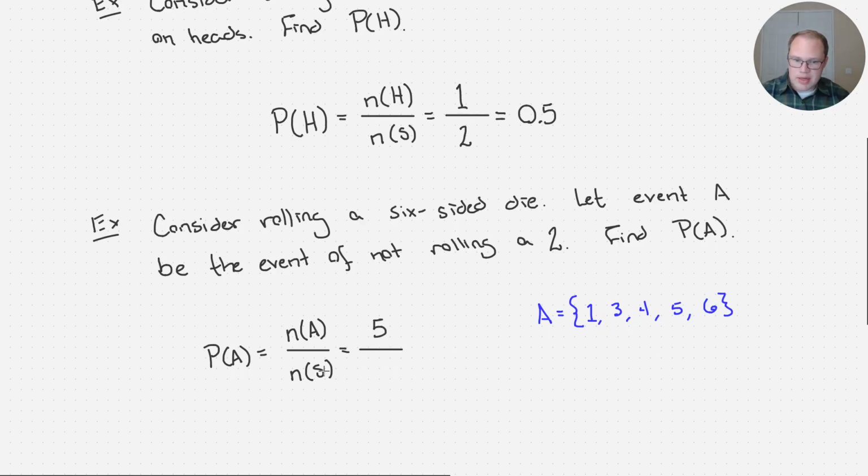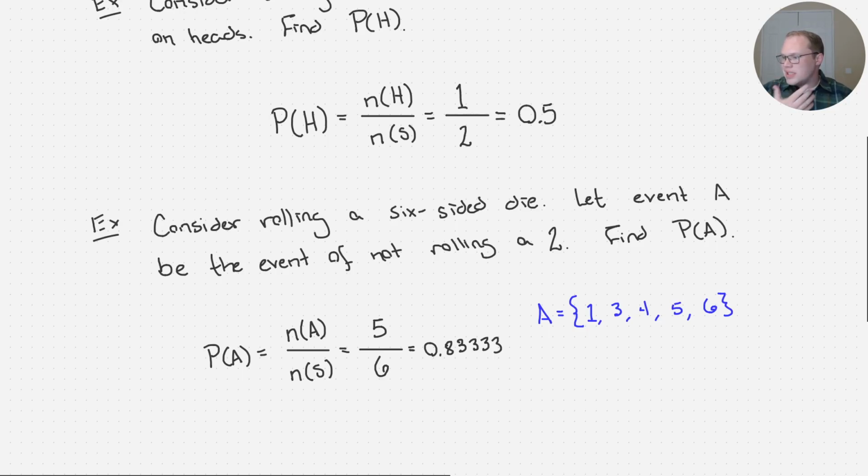And we're going to divide by the number of outcomes in the sample space. We're rolling a 6-sided die, so there are 6 ways to do it. There are 6 sides for the die to land on. So we get 5 out of 6, which, let me put in my calculator off to the side here, is about 0.83333. So about an 83.33% chance that we won't land on a 2. That's the probability.